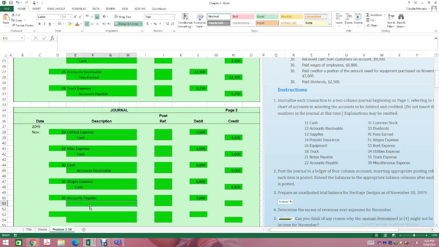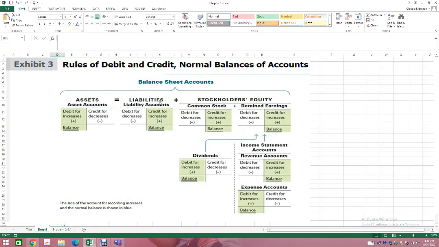How did you make a payment? Well, you make a payment with cash. Your cash goes down $3,000. So the reason I debited my accounts payable, remember, accounts payable is a liability, and my liability decreased. Now I used to owe $15,000. I just made a $3,000 payment, so my balance went down. It decreased. So that's why I debited.